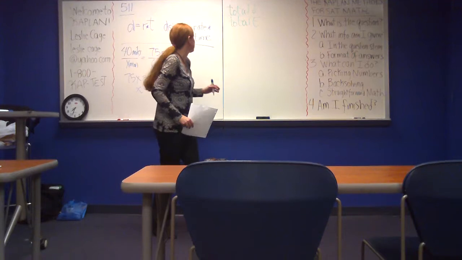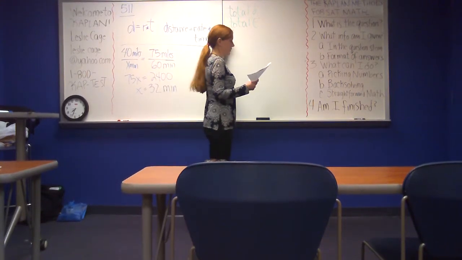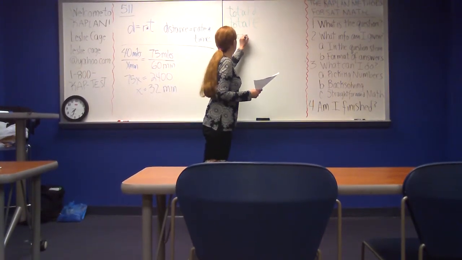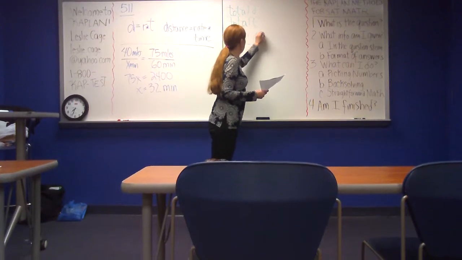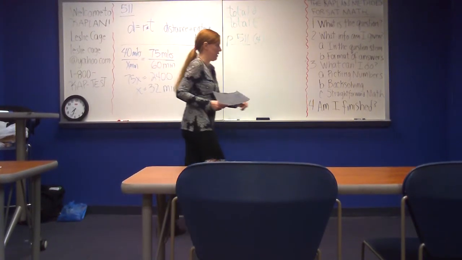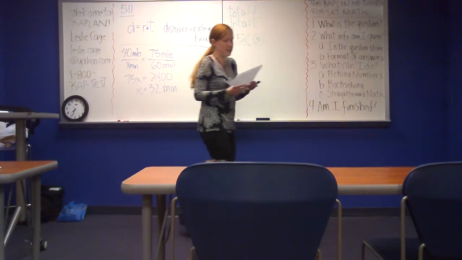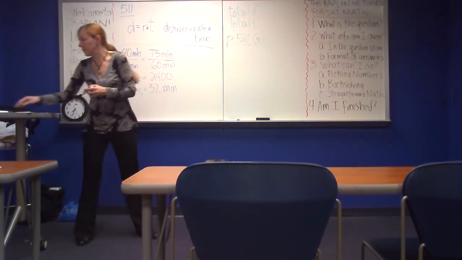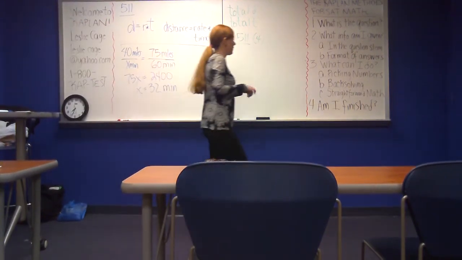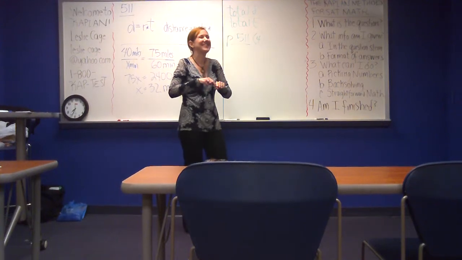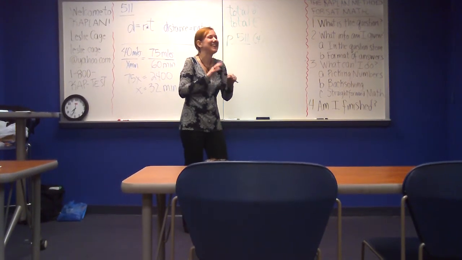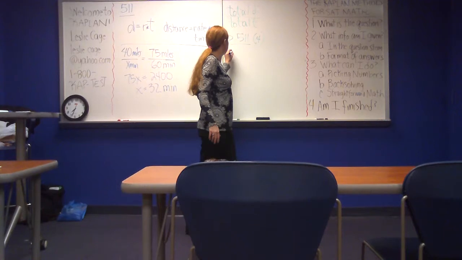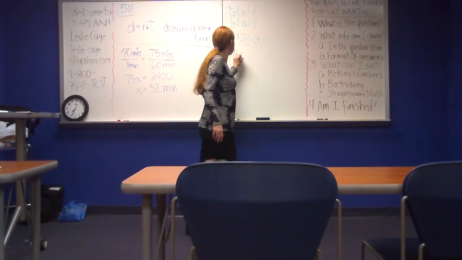Isaiah, can you read me question number 4, please? Vito reads 96 pages in 2 hours and 40 minutes. What was Vito's average rate of pages per hour? Okay, so how are we going to set this one up? How do we set up the proportion? How many pages does he read? 96 pages.